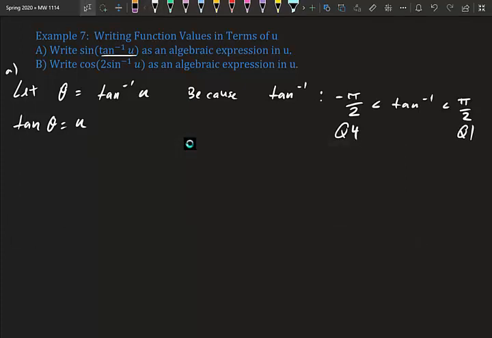Because we're working with the inverse of tangent, we're going to be working in quadrant 1 and quadrant 4. So I'm actually going to draw quadrant 1 and quadrant 4 together.